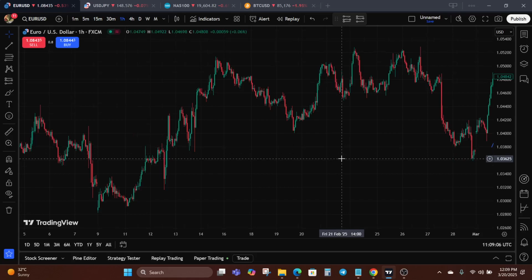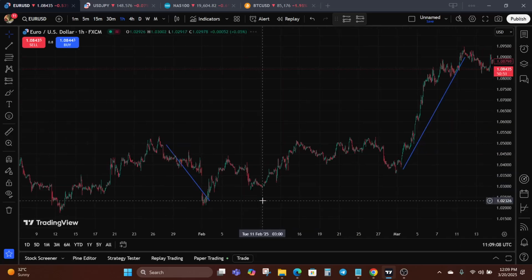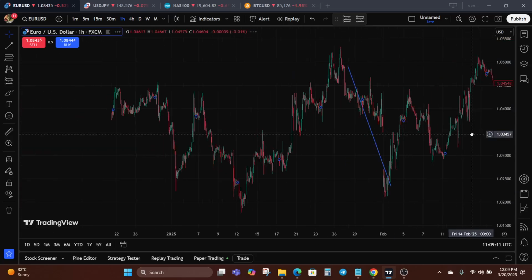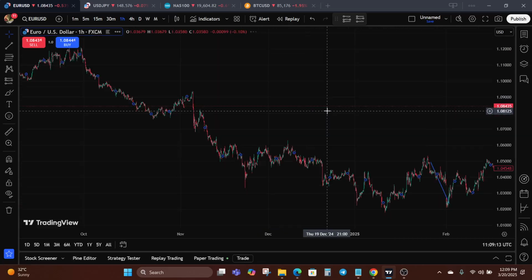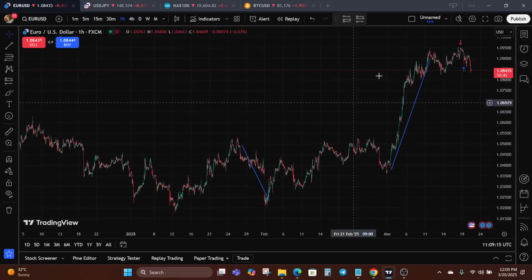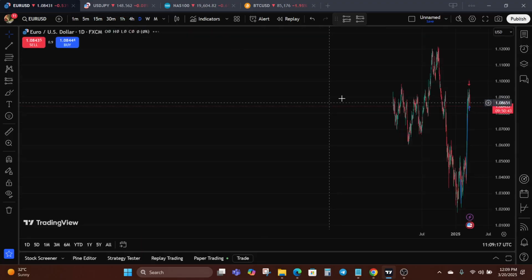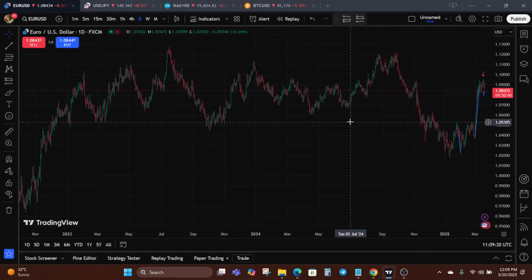You have to look for supply zones, which are resistance zones. Supply zones are areas of resistance.